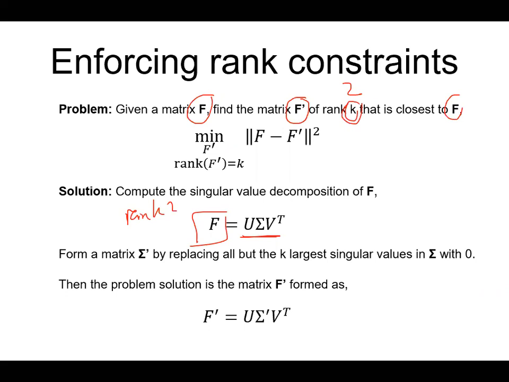Because if you decompose that, you might get this sigma like this: sigma 1, sigma 2, and then sigma 3, and all the others will be zeros. So these are the singular values of my matrix F. If I'm giving you a matrix like that, and I'm telling you that this is not rank 3, this is rank 2, how will you force that?